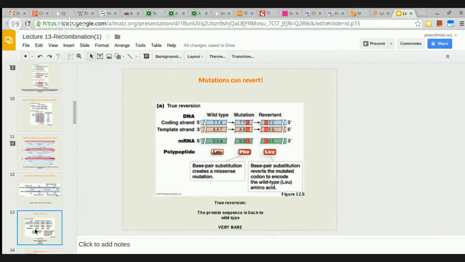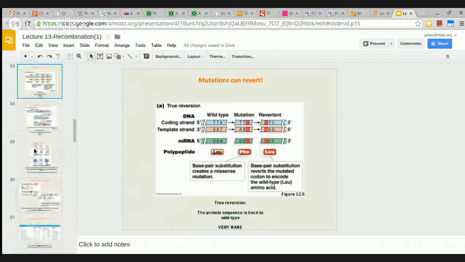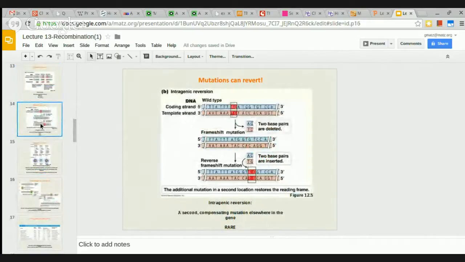What else could happen? What could happen is you could have not a true revertant, but a revertant somewhere else in that gene to compensate for the initial change. Here's an easy way to think about it. If you have a frameshift by adding a nucleotide early in the gene, that completely kills that gene because the rest of the sequence is good for nothing.